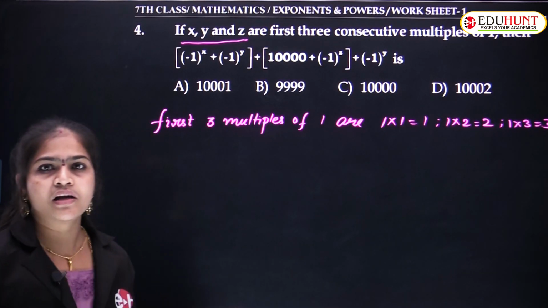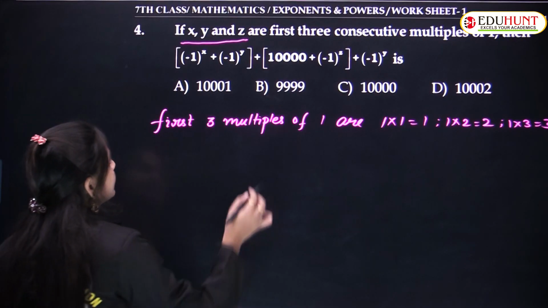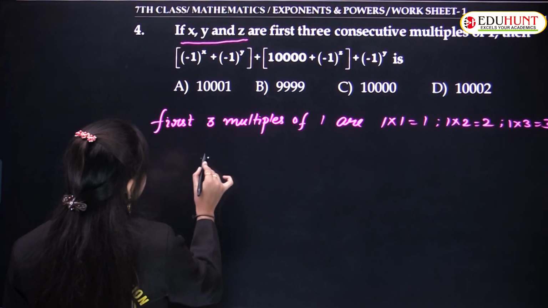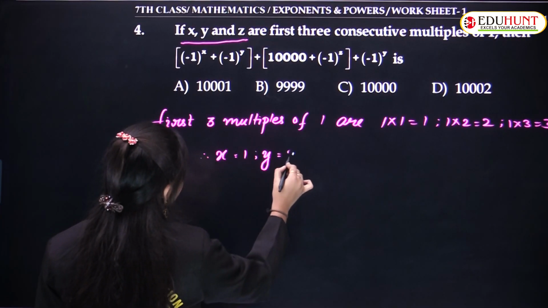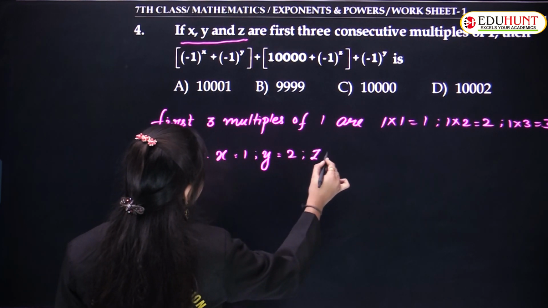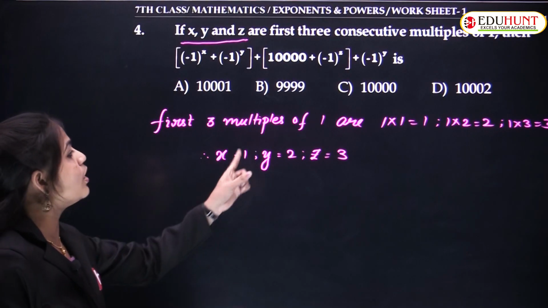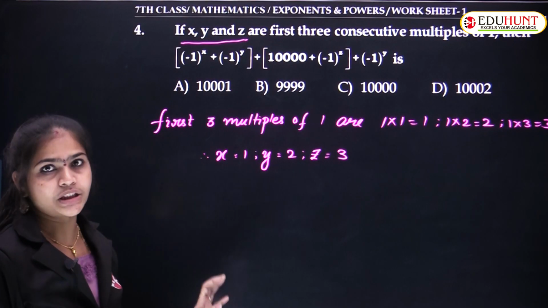Consecutive multiples: 1 1s are 1, 1 2s are 2, 1 3s are 3. Now, since x is equal to 1, y is equal to 2, z is equal to 3. Why? Because x, y, z are the first 3 consecutive multiples of 1. That was given in the question.